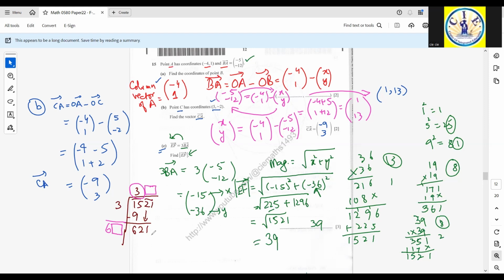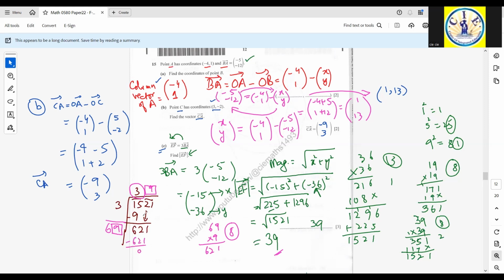and that is 3. Since I've already calculated this, that means with this 3, there should be 9 here and 9 here. 69 times 9. You see, 69 times 9. 9 nines are 81, 9 sixes are 54, and 8, 62. So this is this.